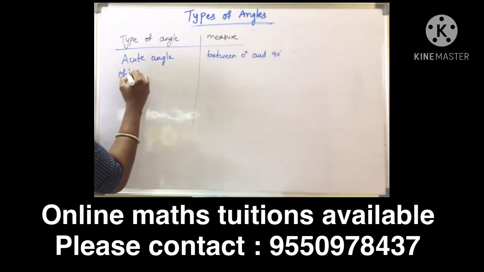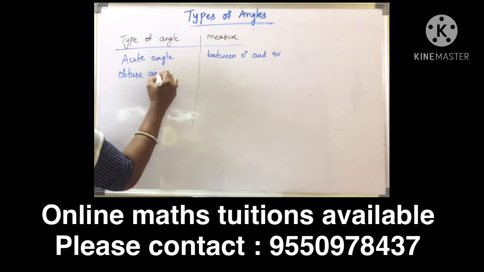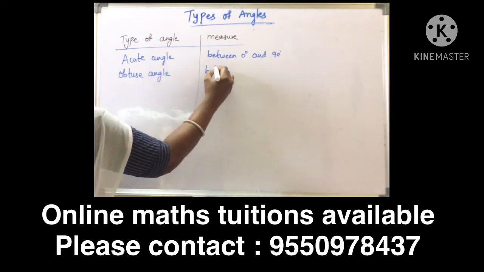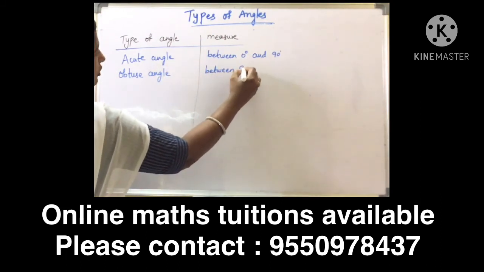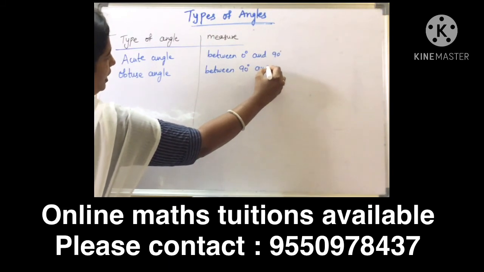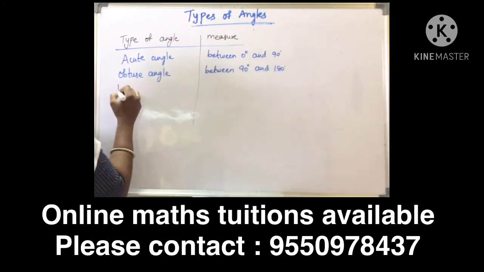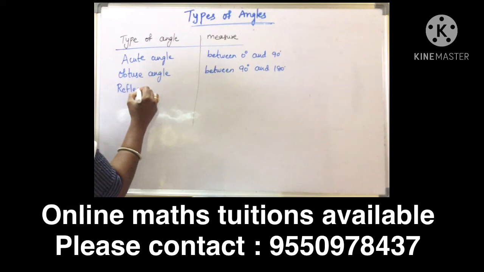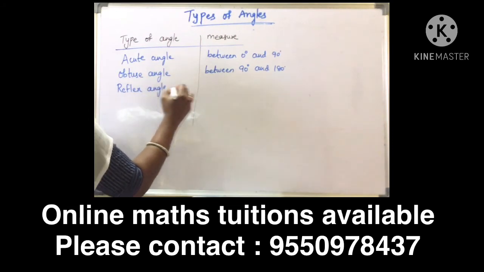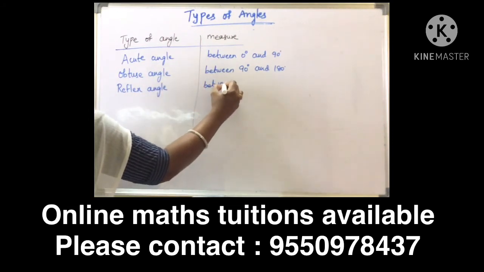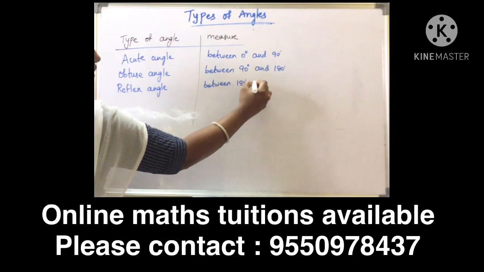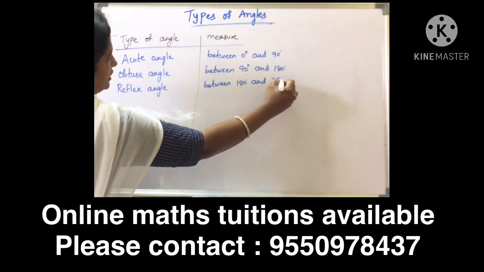Next is obtuse angle. Obtuse angle is between 90 and 180. Next, reflex angle. Reflex angle is between 180 degrees and 360 degrees.